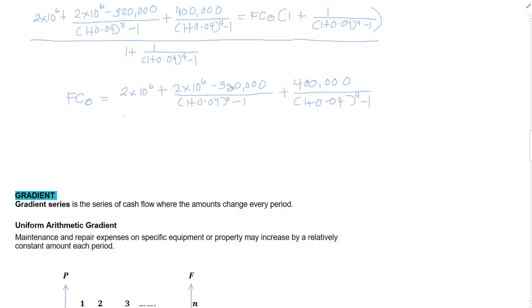Okay, so that is all divided by the denominator, which is the coefficient of FCB, that is 1 plus 1 over 1 plus 0.04 raised to 4 minus 1. So our final answer for the first cost of your truck B is 2,585,870.437 pesos, of course. So that is our final answer.